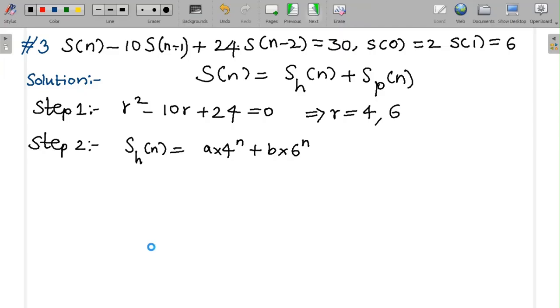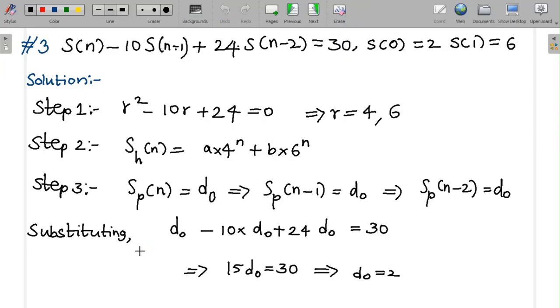Further, this solution also has a second part called the particular part. Now, our recurrence relation is non-homogeneous in that we have a constant here. So this implies that the particular part of the solution will also be a constant. This is critical here.